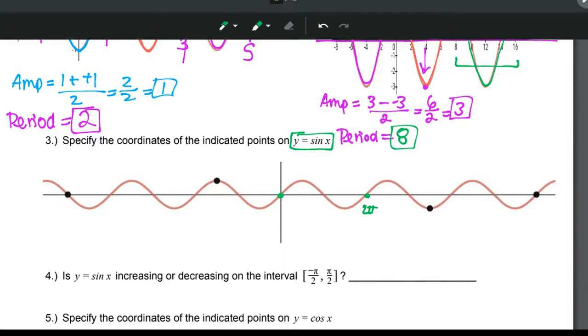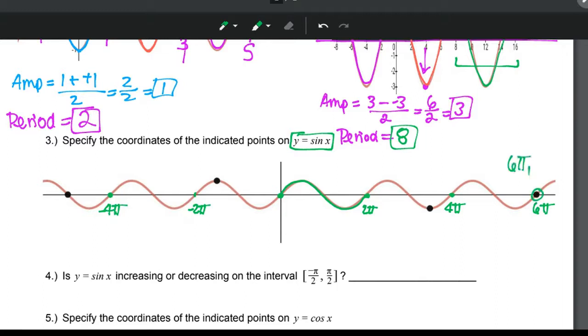And every time it repeats this same picture, it goes upwards and then downwards, every time that it repeats that pattern, it should go an additional 2 pi. So I like to label that first, and then I can identify some of the other points. And on the left side, I would have -2 pi, -4 pi, and it doesn't quite get to -6 pi in this picture.